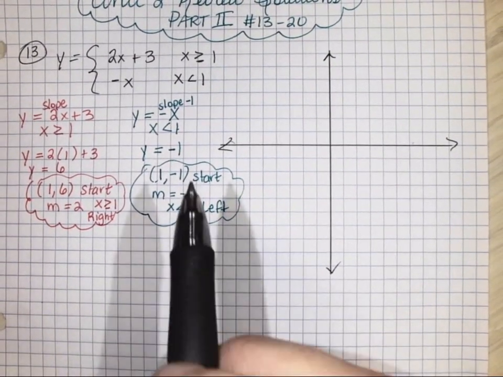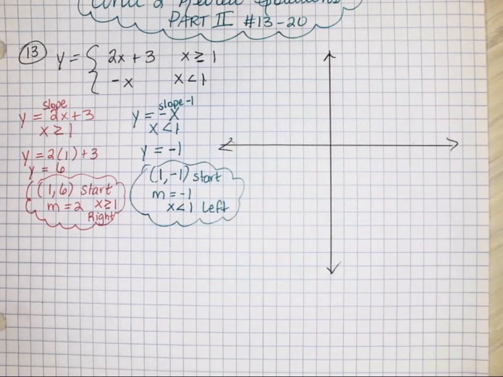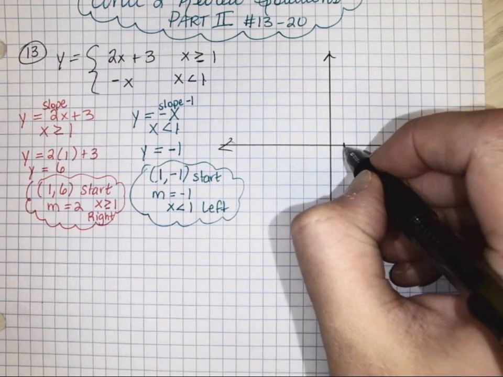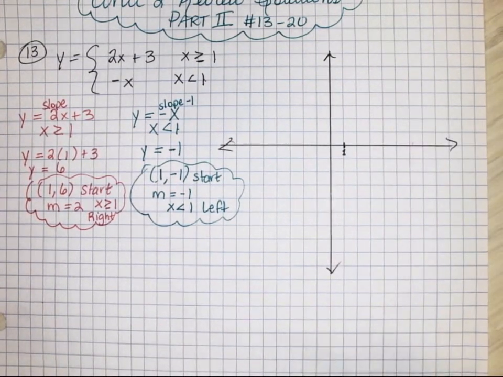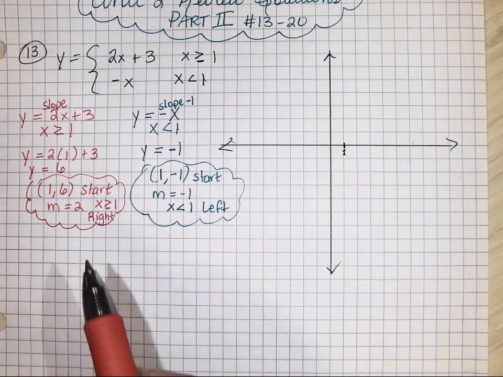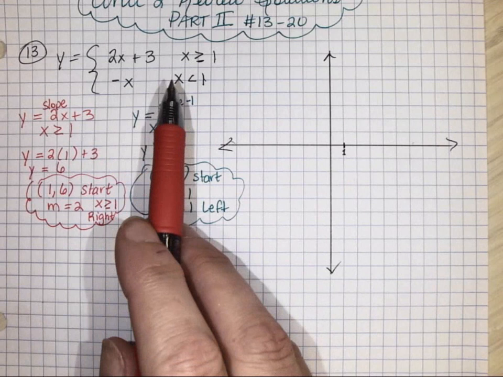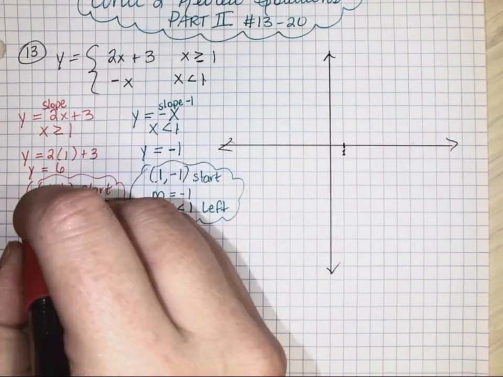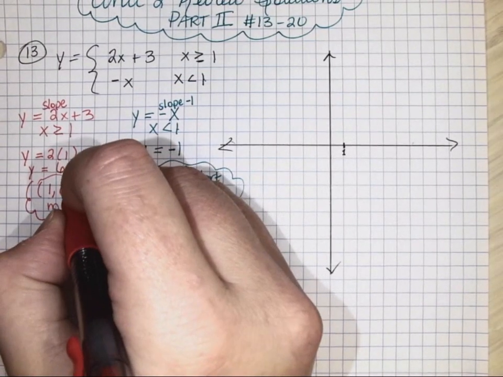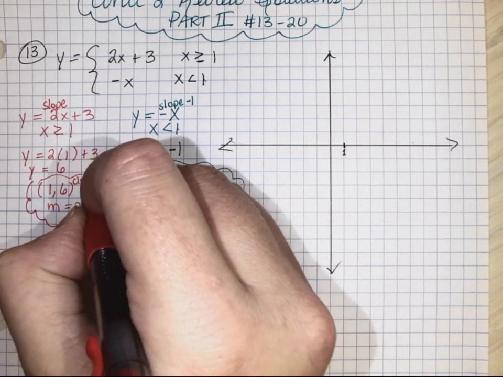Okay, my turning point, or my point at which it changes behavior, was positive 1. So this is actually where we start with both graphs. For the red graph, my starting point was at 1, 6, and that's going to be a filled in hole. That's going to be closed.